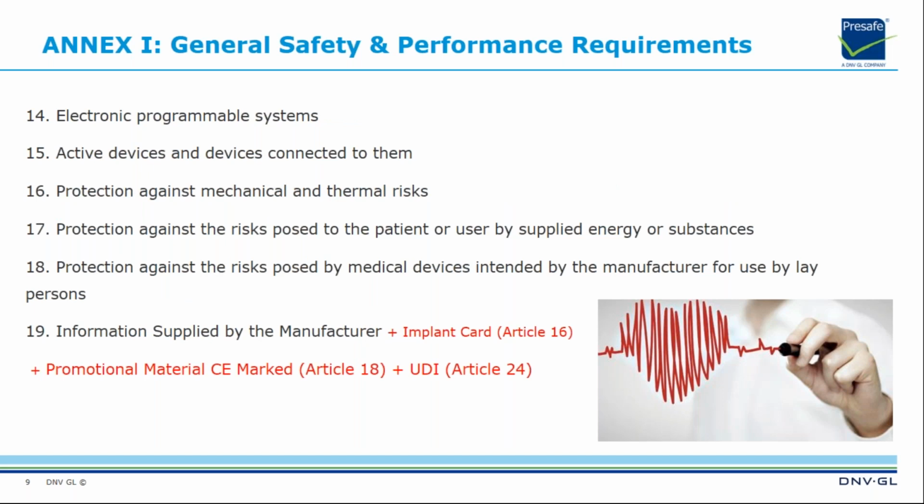Next items: electronic programmable systems, active devices and devices connected to them, protection against mechanical and thermal risks, protection against risks posed to the patient or user by supplied energy or substances, protection against the risks posed by medical devices intended by the manufacturer for use by laypersons, and information supplied by the manufacturer, plus some new items that are mandatory in this regulation: the implant card for implantable medical devices based on Article 16, promotional material, CE mark, and UDI requirements.